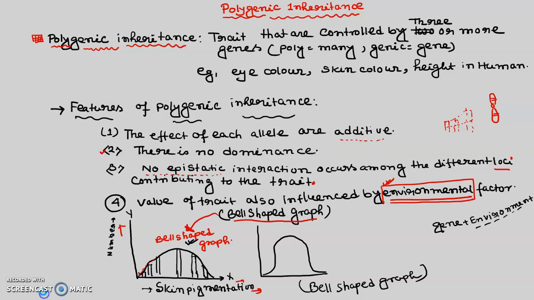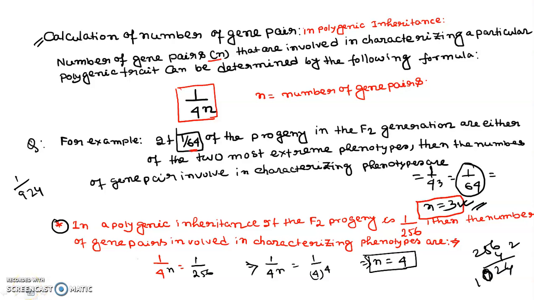Now let's see the calculation of the number of gene pairs in polygenic inheritance. How do we calculate how many gene pairs are involved in a particular trait or character? The number of gene pairs, n, involved in a particular polygenic trait can be determined by the following formula.